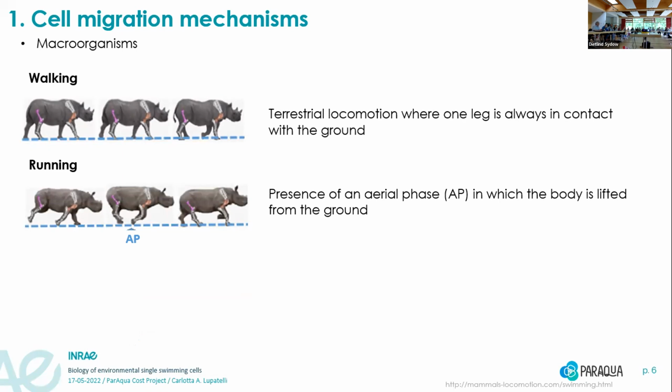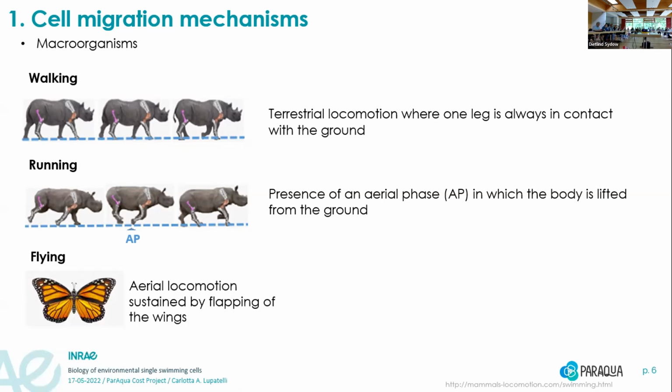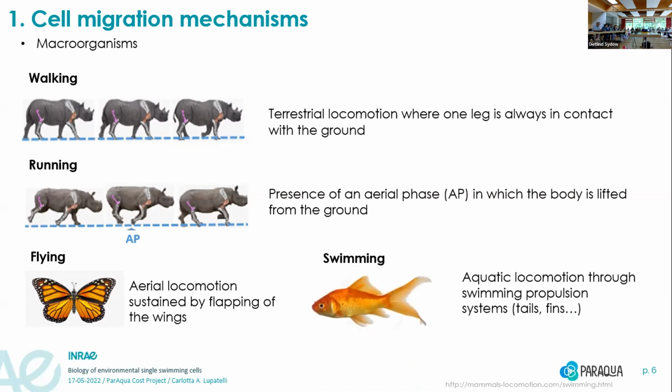So during running, we have this kind of very romantic phase in which we are fluctuating. But of course, microorganisms have also developed, not only terrestrial locomotion, but also aquatic and aerial locomotion, for example flying, which is sustained by the flapping of the wings, or swimming, which is an aquatic way of locomotion that can be achieved by different systems.